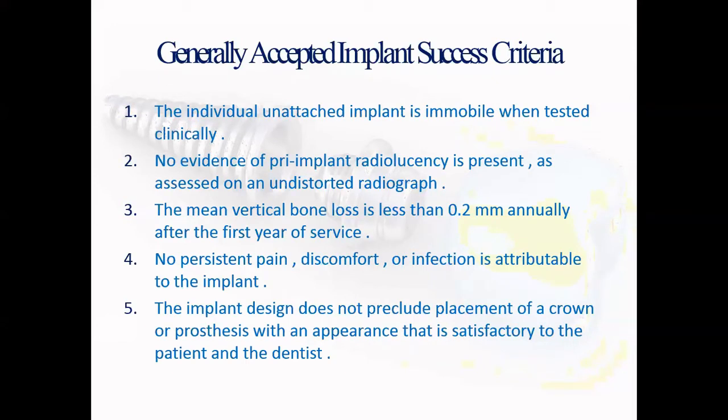No pain, no discomfort or infection is attributable to the implant. The implant design does not preclude placement of a crown or a prosthesis with an appearance that is satisfactory to the patient and the dentist. In this condition, the implants are considered a success.